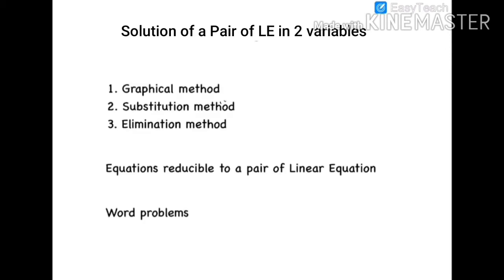We have studied various methods of finding the solution of a pair of linear equations. The first method is the graphical method, the second method is substitution, the third method is elimination. We had studied one more method, that is the cross multiplication method, but that is now deleted from the portion.